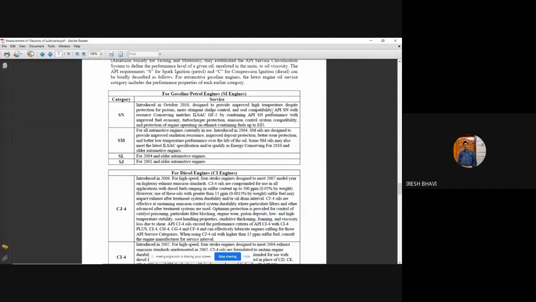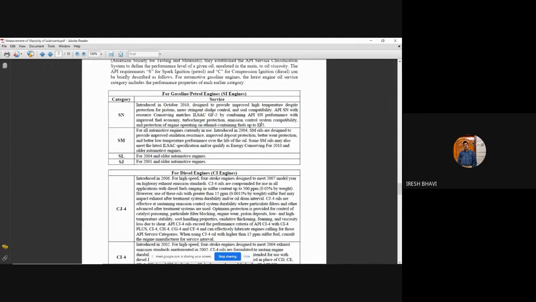And seal compatibility means there will be proper sealing between the two surfaces, for example, between the piston and the cylinder. So API SN with resource conserving matches with ILSAC GF, which means this grade and this grade are the same. It combines API SN performance with improved fuel economy, turbocharger protection, emission control system compatibility, and protection of engines operating on ethanol containing fuels up to E85.